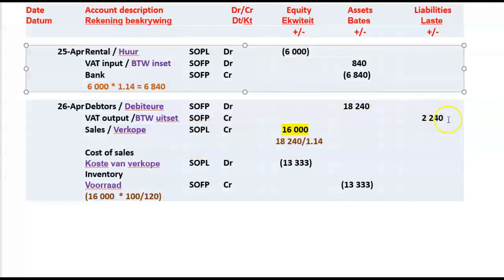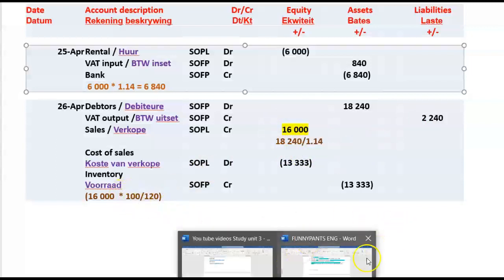then the VAT needs to be paid over to the receiver, so it's VAT output, which will increase our liabilities with 2,240. The adjustment against our cost of sales and inventory, that is based on our sales value. This is a normal sales value multiplied by 100 divided by 120.